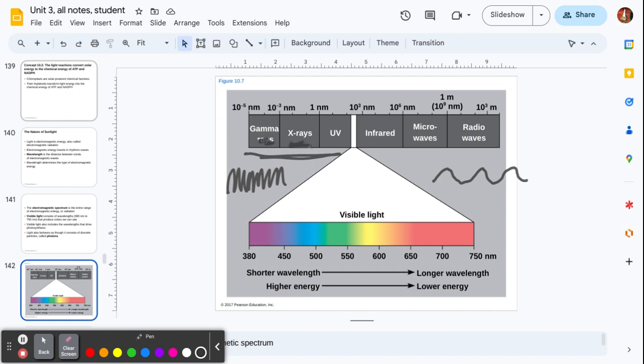Because their frequency is so high and because they have so much energy, they can actually be very damaging to our body. So although this discussion is not about these waves, they are in general, I like to talk about them because they are important to you as a person, not as a biology student.